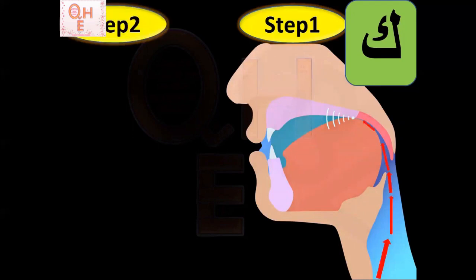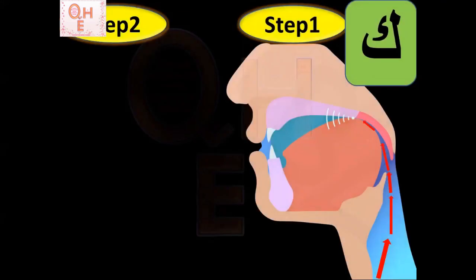So here we have kaf as an example. Kaf is coming from أقصى اللسان with the المنطقة القاسية from the back of the palate. So with letter kaf, the sound is coming from inside to outside. It's trapped after that behind the tongue here. Try to say ak. Your tongue is completely up. It closes the area here.